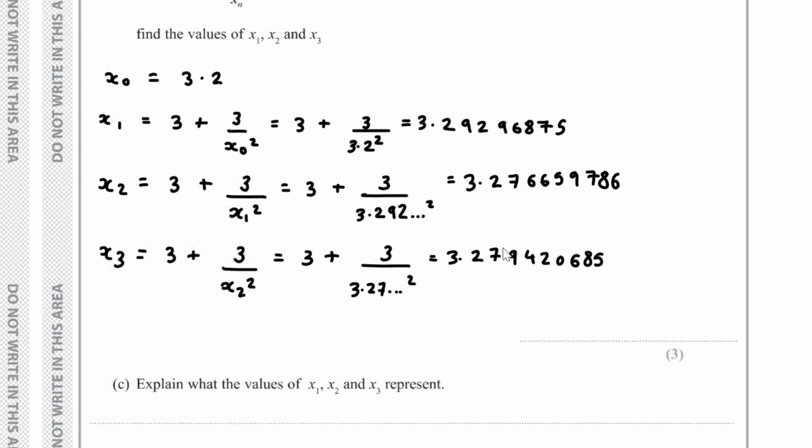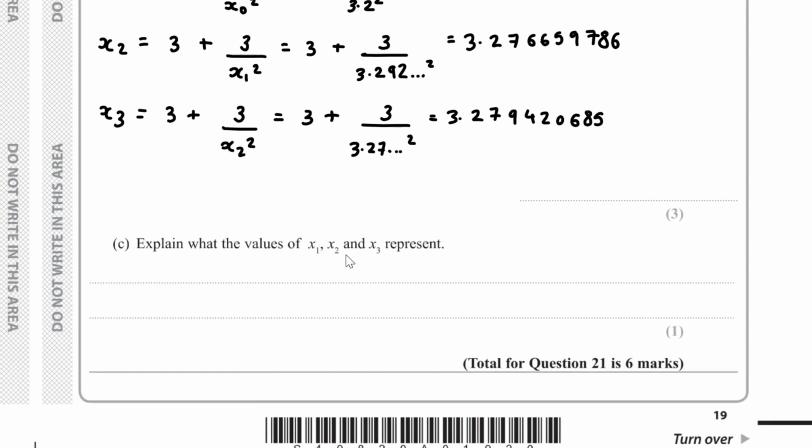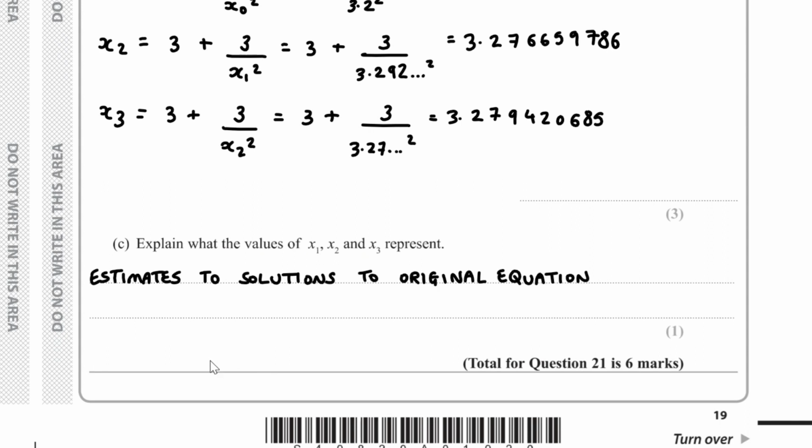So these are the values of x1, x2 and x3. And for part C, we have to explain what the values of x1, x2 and x3 represent. Well, here they would represent the estimates to the solutions to the original equation.